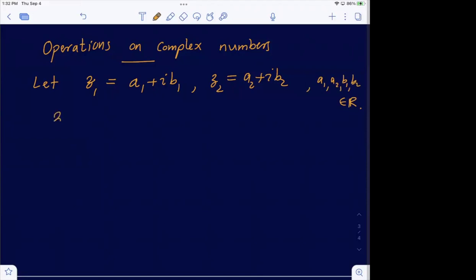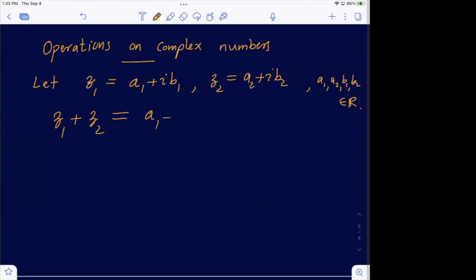Now, when you consider two complex numbers of this form, how do we define a new operation? This is a new operation because it acts on complex numbers. That is none other than adding these two complex numbers, and it is very intuitive.